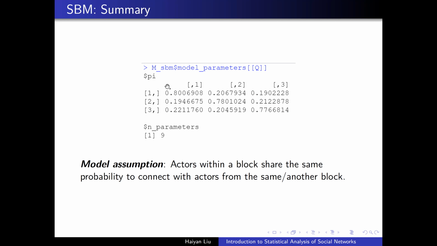Remember that in the data generation model, the diagonal elements are all 0.80, and we found that the estimated probabilities on the diagonal are close to 0.80. In the data generation model, all of the off-diagonal elements are 0.20, and we can notice that the estimates are also close to 0.20.